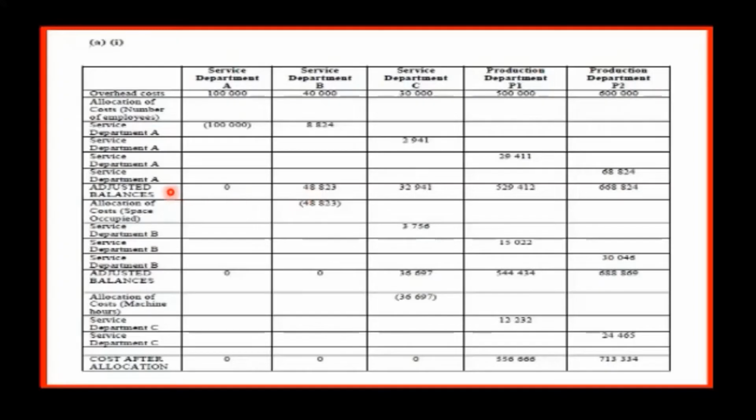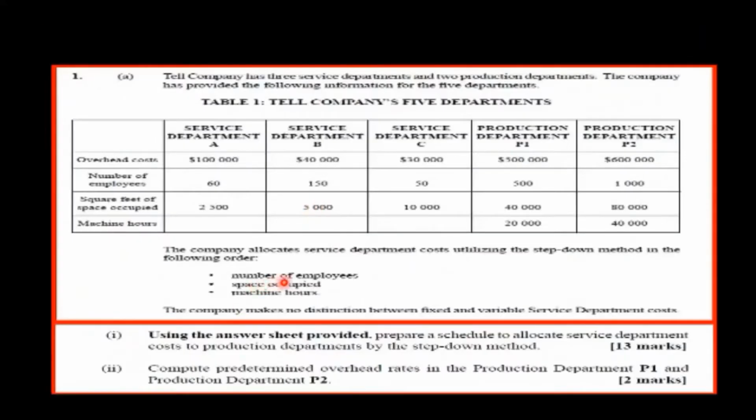So the next step, after we add it, is to allocate the next department. That one is going on the basis of space occupied, so you'll use square feet here, and you'll do the same thing again.